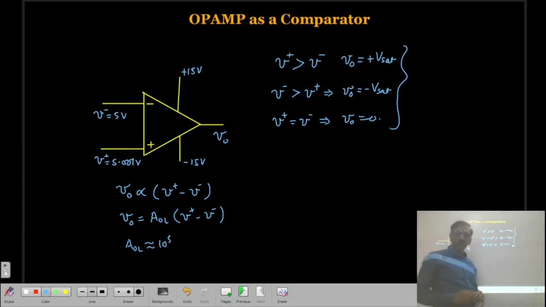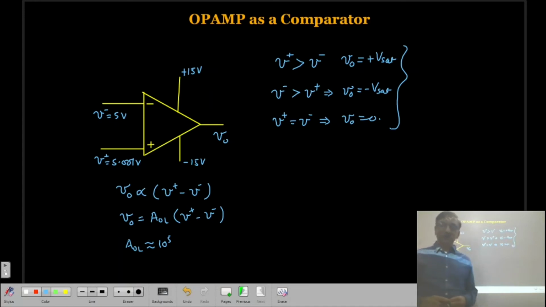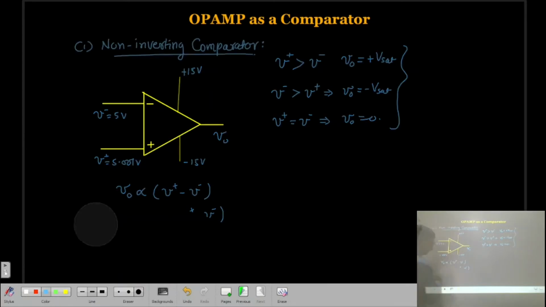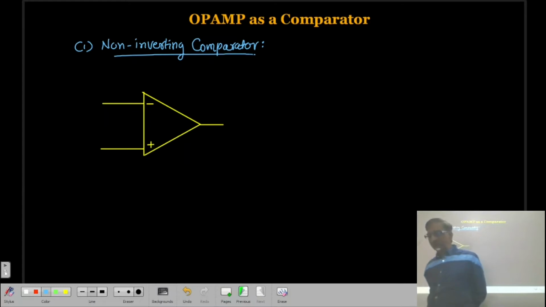We have basically two types of comparator. One is known as a non-inverting comparator and another is known as an inverting comparator. So let us see, in a non-inverting comparator, we apply our voltage to the non-inverting terminal, means here my input voltage will be there. And the inverting terminal is connected to the ground.